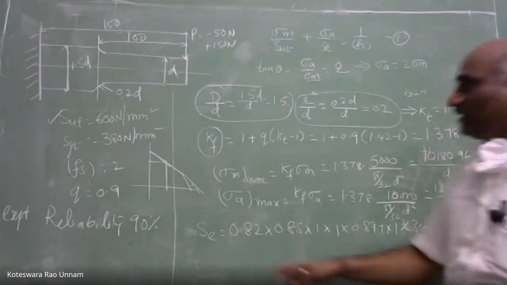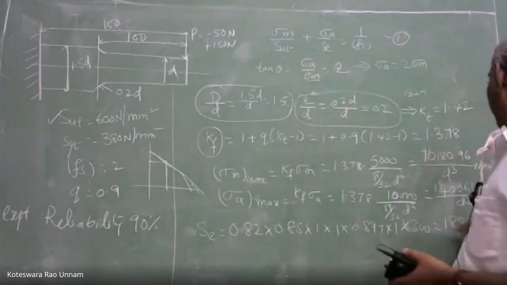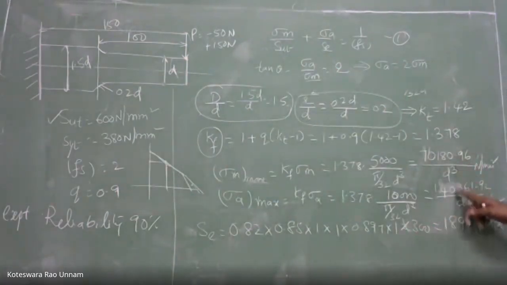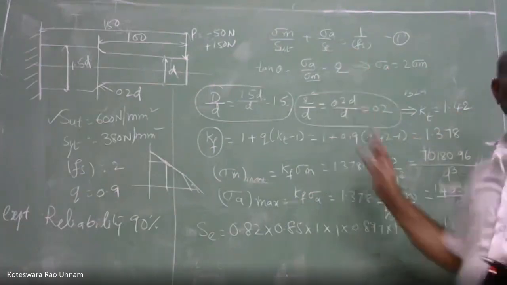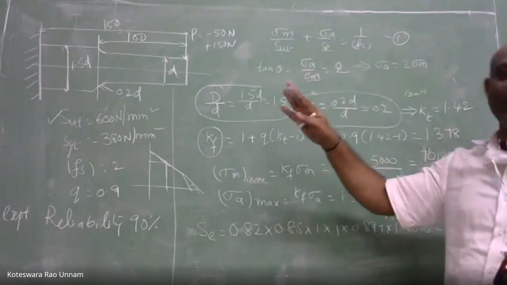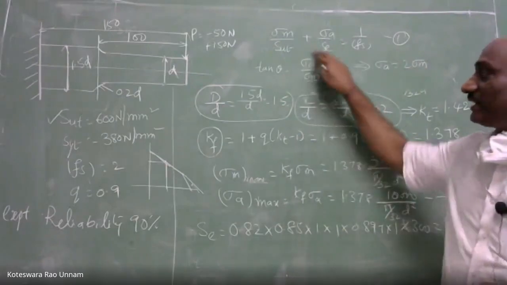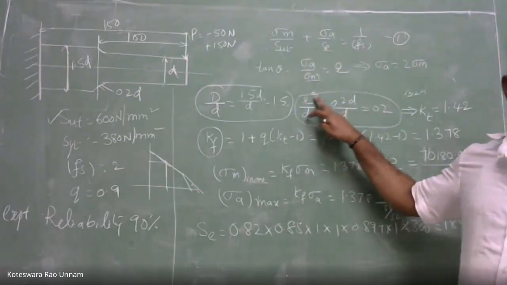Here the only unknown is d, so I have one equation, one unknown, and I can solve for it. Okay, you can solve it, but you need to include this effect also. The sigma A by sigma m ratio also you need to include.